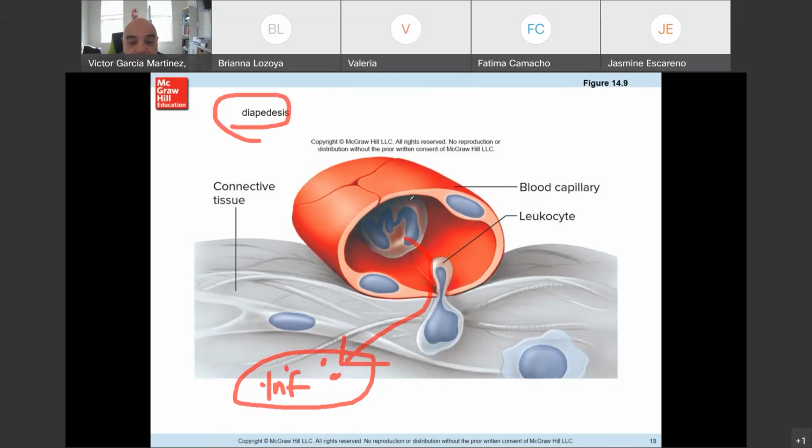Remember, capillaries only have one layer, the endothelium. Then they have this fenestration, these holes, these pores. Then we're able to leak some white blood cells in order to attack this place of infection. This is called, again, diapedesis.